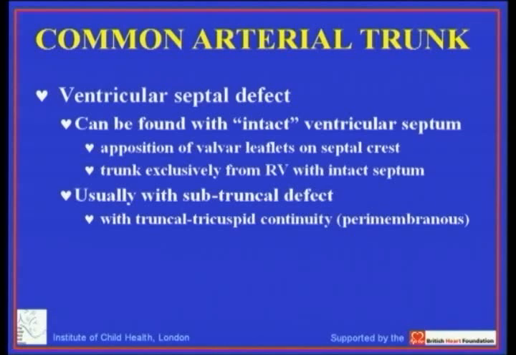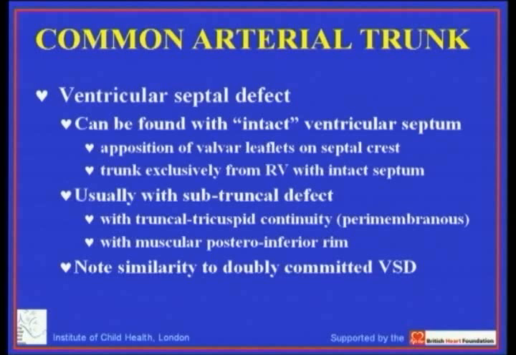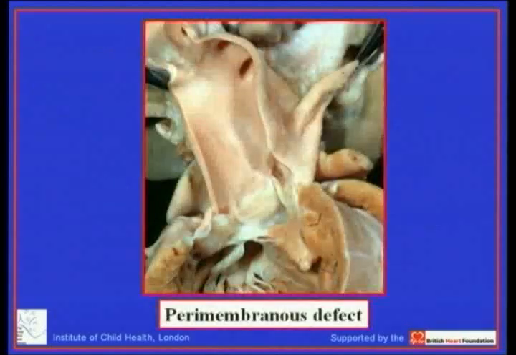And as with all other defects, that can exist when there is continuity between the arterial valve and the atrioventricular valve, making it perimembranous. But most usually, there is a muscular postero-inferior rim. And then a key feature for the geneticists, and particularly for counseling of patients, is that the common arterial trunk is closely related to the doubly committed arterial ventricular septal defect, and I'll show you why.